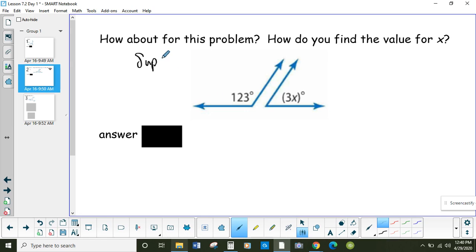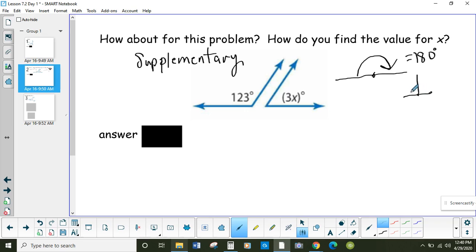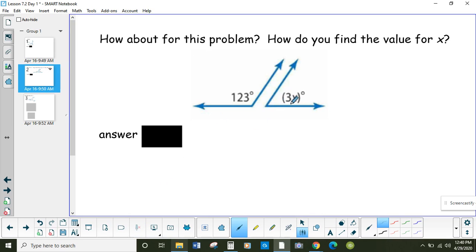These are called supplementary angles. They're not called complementary angles. We all know that if you make a straight angle that goes all the way across, that's 180 degrees, right? Instead of 90 degrees. So it's a 90 and another 90 to make a line or a straight angle. When you take two angles and put them together to make a line, they're called supplementary angles.